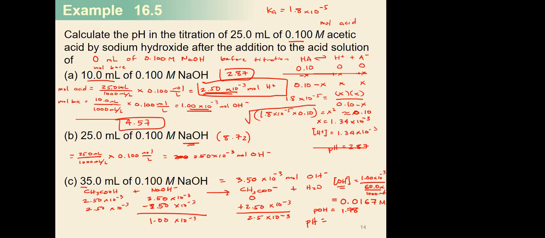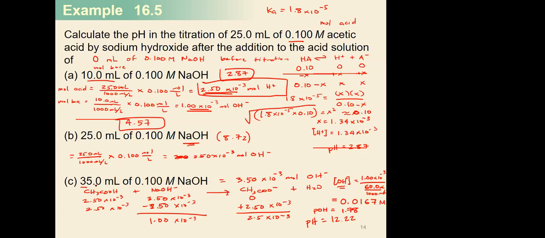So the pH is 12.22. So let's analyze. Okay. From 2.87, you add 10 ml, it becomes 4.57. You add 25 ml, it becomes 8.72.